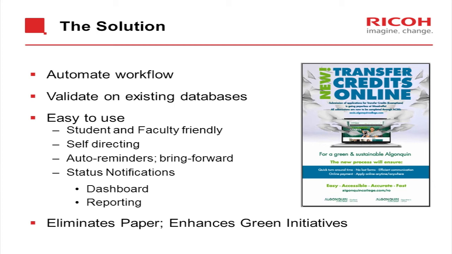They implemented an easy-to-use system that was student and faculty friendly, that was self-directing, that offered auto reminders for approval steps that had not been completed yet, as well as bring forward capability, and had real-time status notification through dashboards and reporting. They took advantage of the paper saving opportunity to promote their green initiatives, and they linked it back to their objectives to be environmentally sustainable.